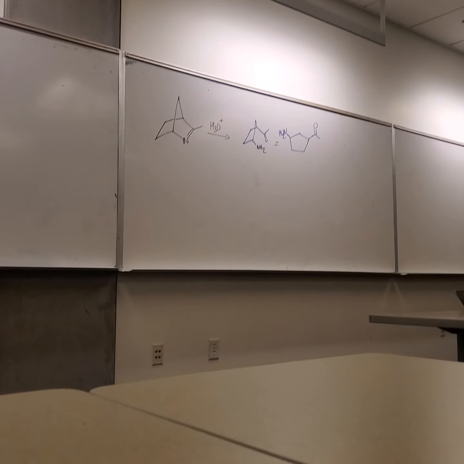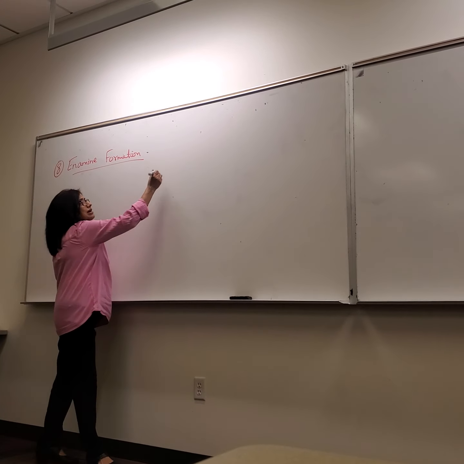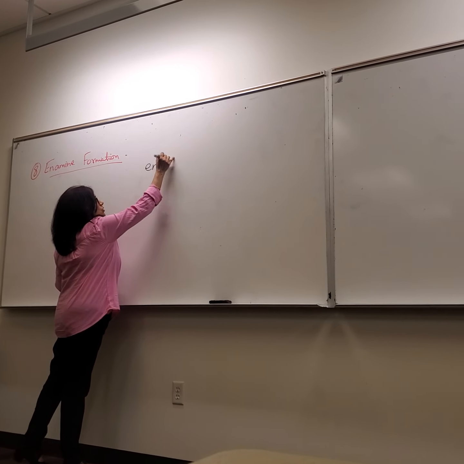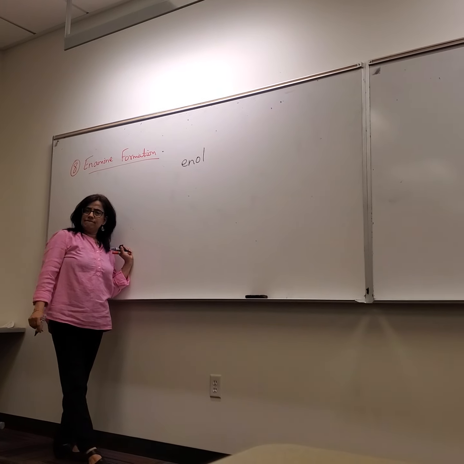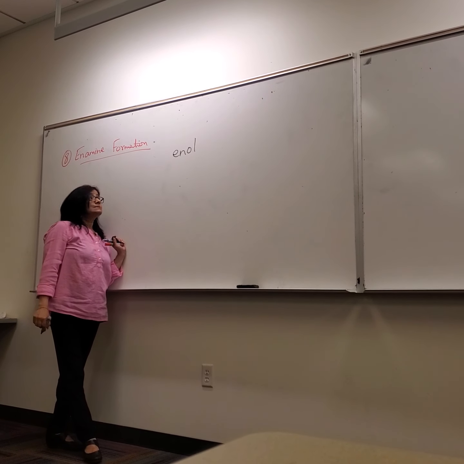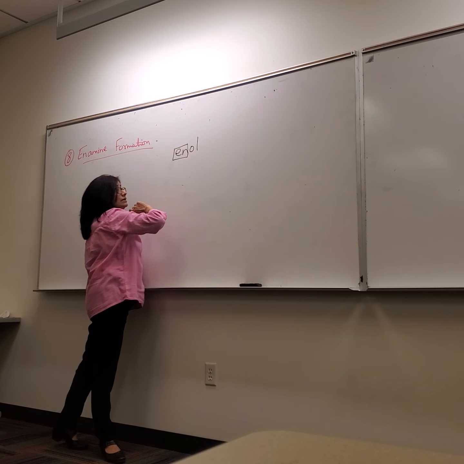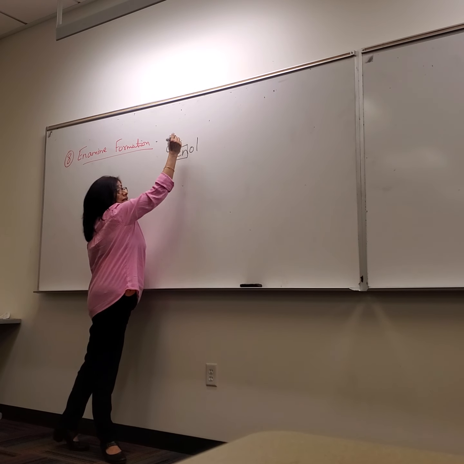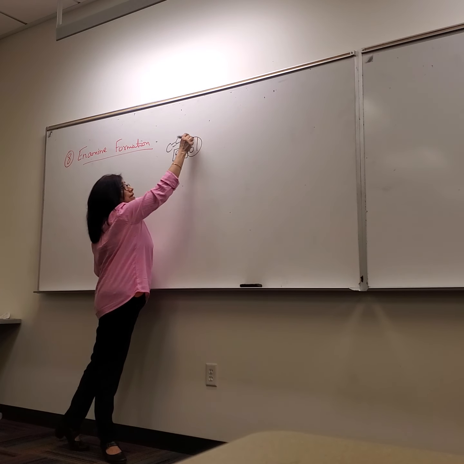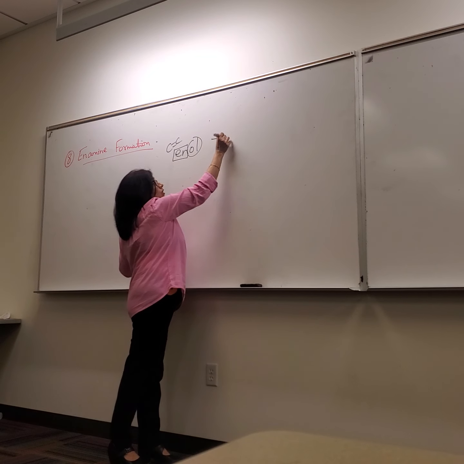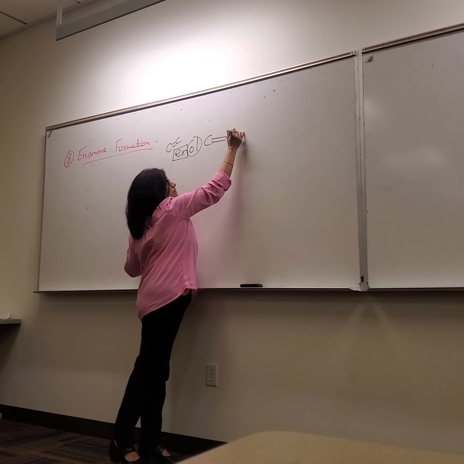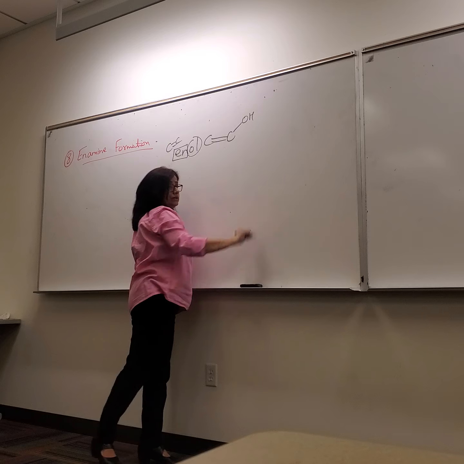This is called enamine. Guys, do you remember enol? What is enol? Alcohol with C double bond C. What does this imply? Alkene. And what does that imply? Alcohol. So an enol is when you have C double bond C and OH attached to it, right?